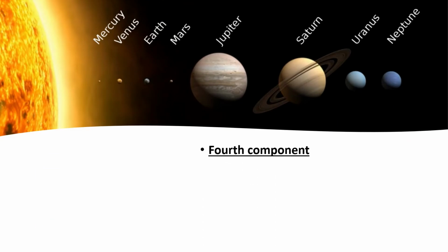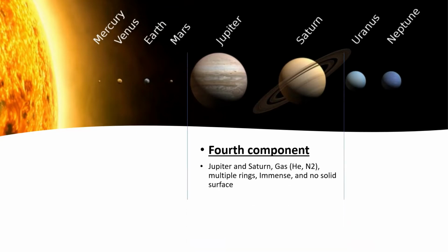The fourth component of the solar system is the planets Jupiter and Saturn. These two immense planets are composed of gases, helium and nitrogen.